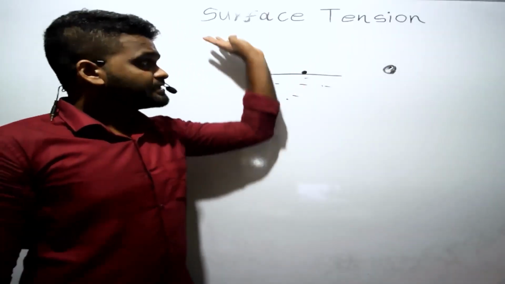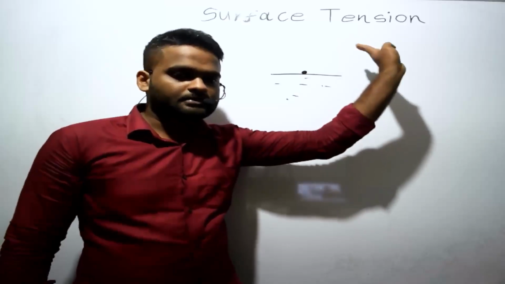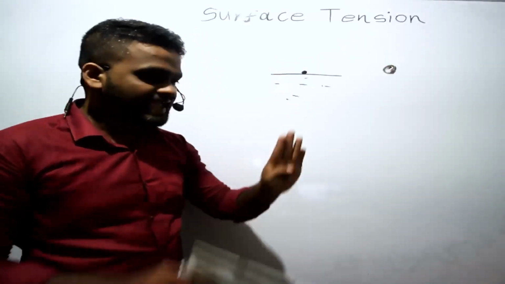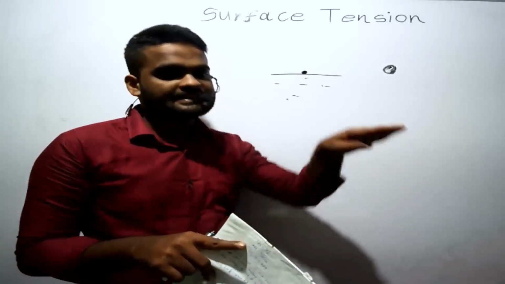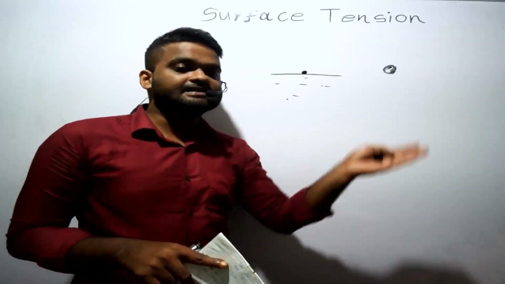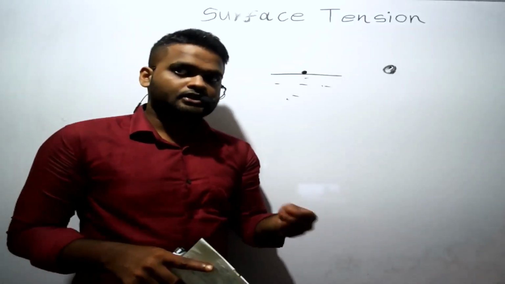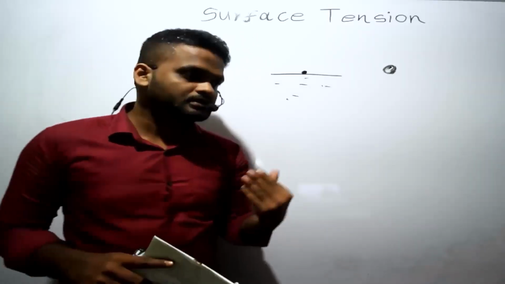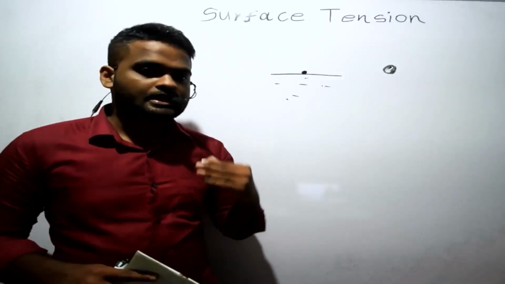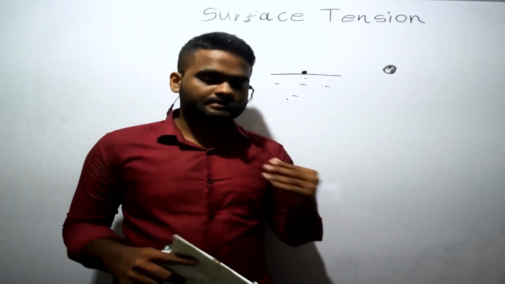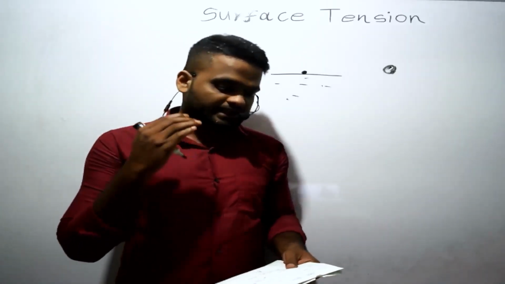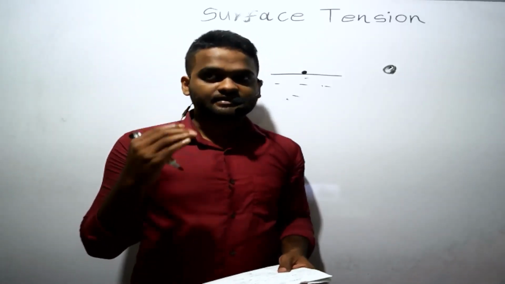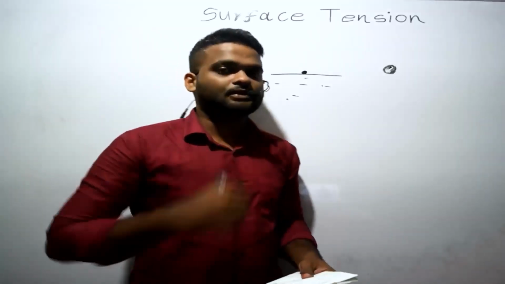But due to this surface tension phenomenon, any liquid surface behaves as a kind of skin, right? Elastic skin. Okay. Here it is a very important concept in physics that you have to understand when it comes to surface tension, right? Those are the evidences that surface tension exists over any liquid surface.